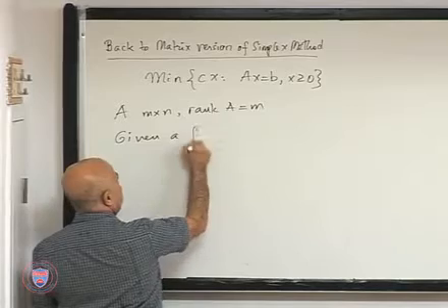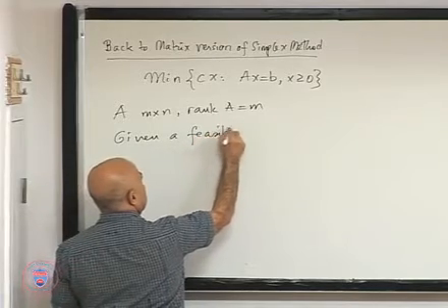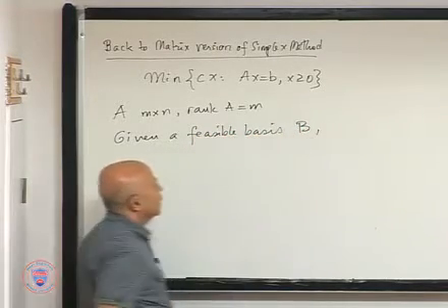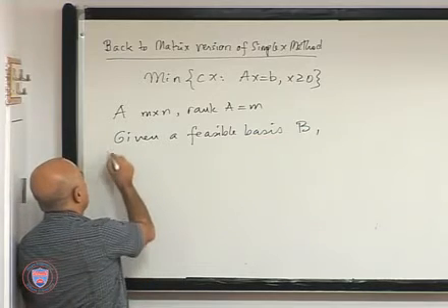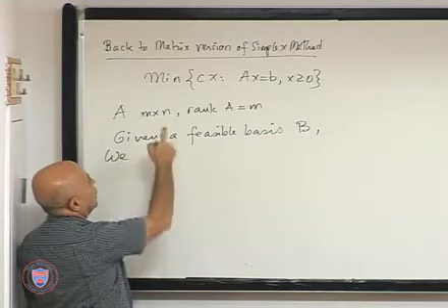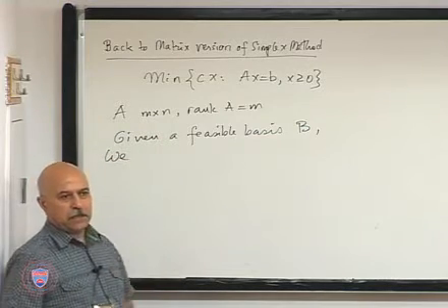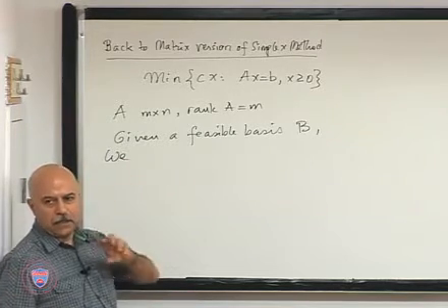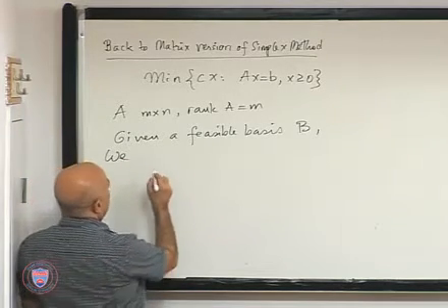So given a feasible basis B, we partition the A matrix as well as the vectors x and c into basic and non-basic components.